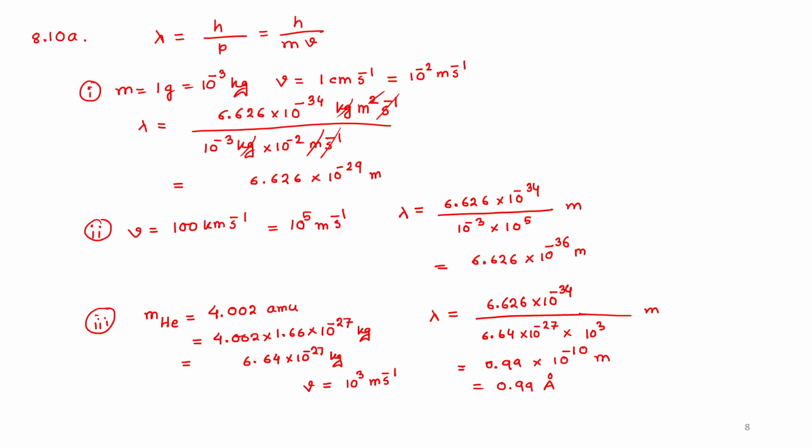Actually, it is 0.997. So we are close. So it is close to one angstrom. So we'll need a diffraction length of 1 angstrom to see the wave nature of this.